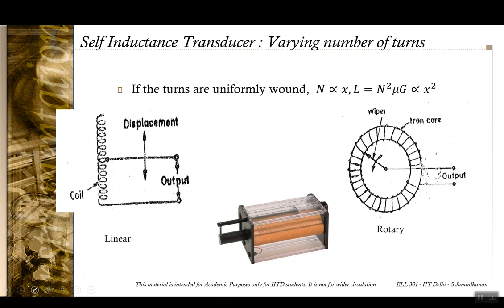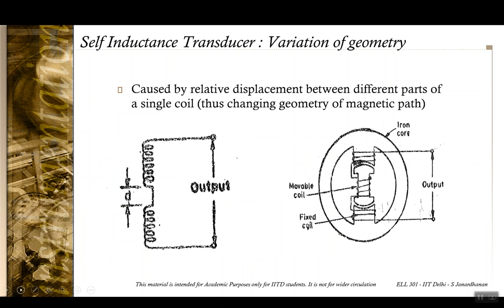Next, we can move on and see the case where you have a variation in the geometry. As I said, the variation in geometry factor can be influenced either by changing the length of the path or the area of the path. We can change the length of the path by splitting the inductance into two parts and having relative displacement between those two parts.